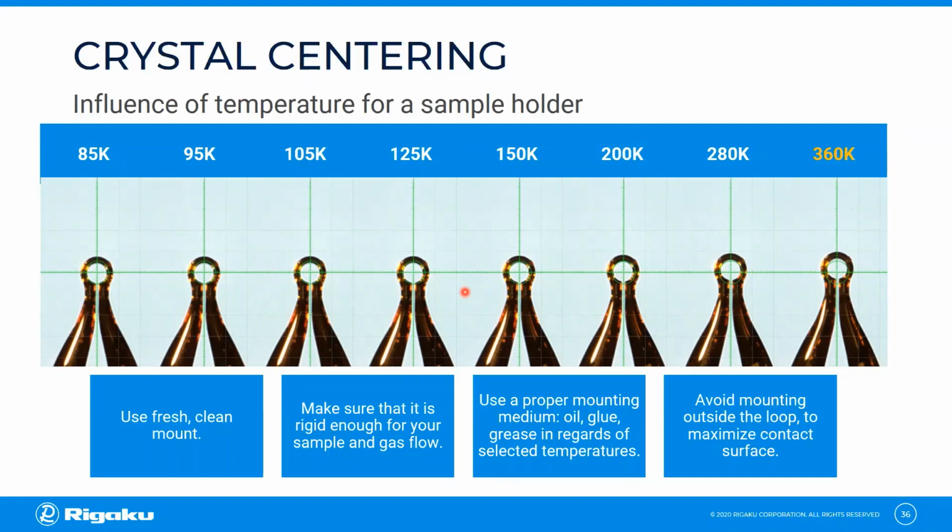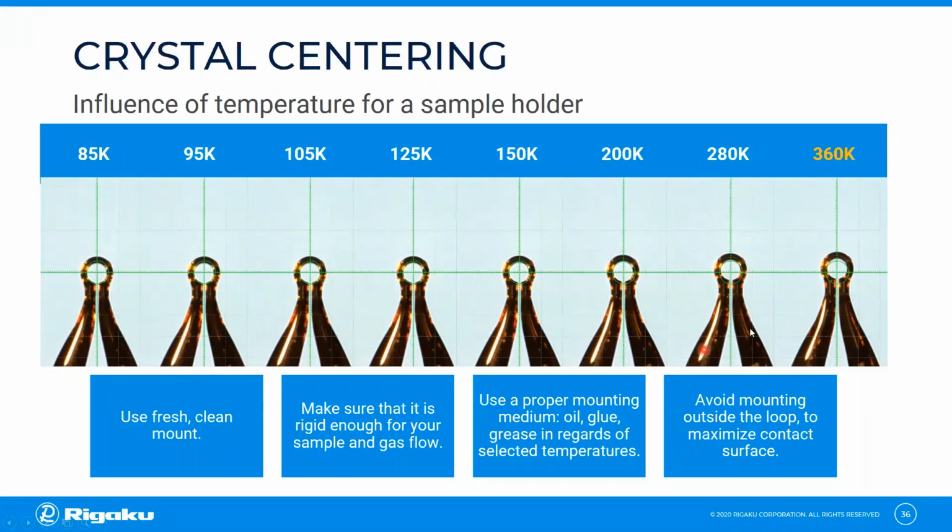Also, please don't forget that the oil you use for collecting at low temperatures, like 90 or 95 kelvins or even 150 kelvins, is okay because it allows a good interface between your crystal or sample and your mount, but it can be less effective already at 280 kelvins. And even though the loop itself will not expand a lot.